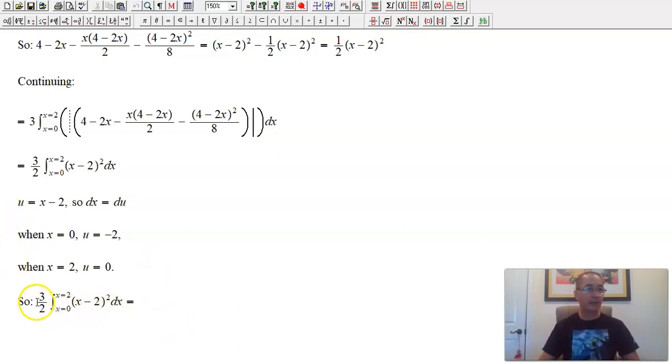We get 3/2, and then we now have an integral with u limits. So let's label it anyway. 0 became negative 2, and 2 became 0. And then we have u squared du.